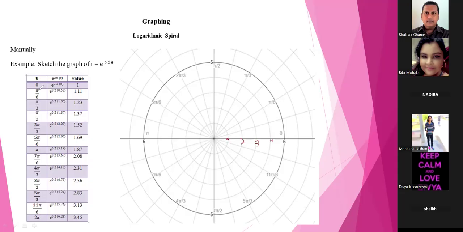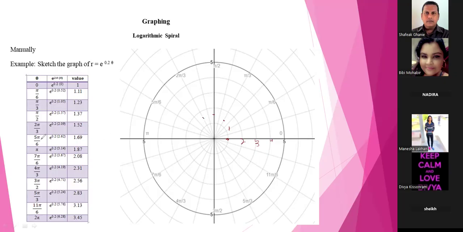Next one, we have pi over 6, which is 1.1. Pi over 6 is here, that is 1.1. Then we have pi over 3, which is 1.23. 1.23 will be somewhere here. Then we have pi over 2, which is 1.37. Then we have 2 pi over 3, which is 1.52, somewhere here.